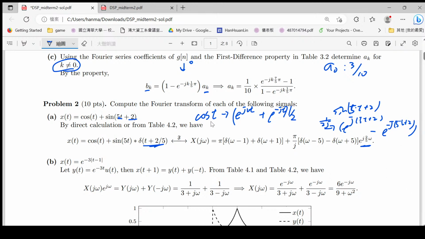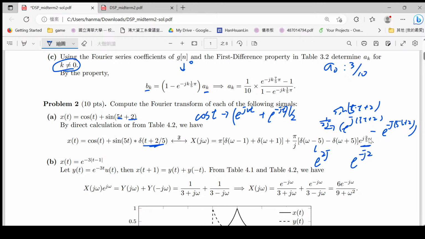So you will get the same delta function, and you will probably not get this thing, but it's the same. So you will get e to the 2j here. If you just break your sine into e to the j and e to the minus j, then here you will get e to the 2j and e to the minus 2j.